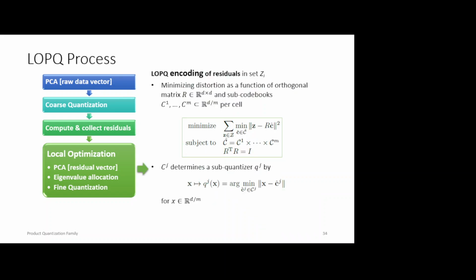The final step is to apply the OPQ. Here we take the residual for each cluster, take all its residual data, and apply the OPQ. This is basically following the same idea of OPQ we mentioned last week.